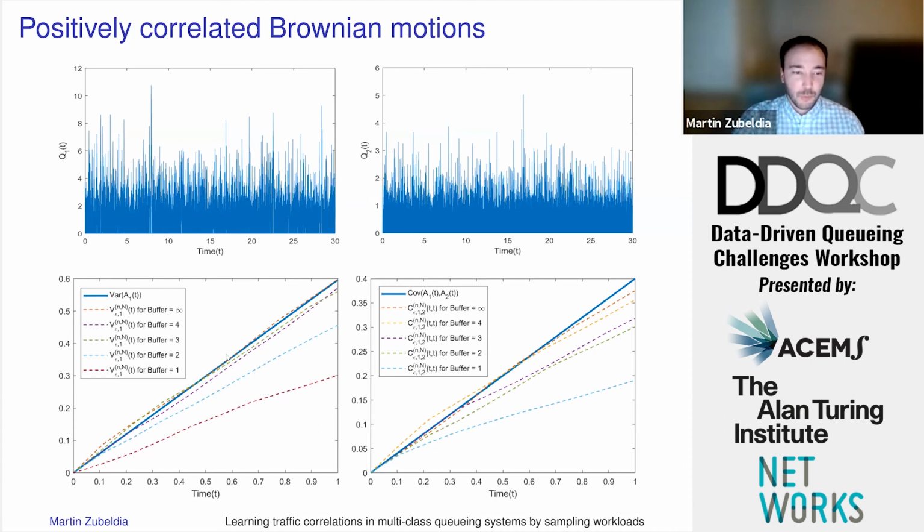And so we see that if you take, again, the estimate for the variance and for the covariance, if the buffer size is too small, if you take 1 or 2, then you're going to get something that's pretty far off. And that's reasonable, because if you look at the first Q and you think about buffer 1 and 2, then you're losing everything.